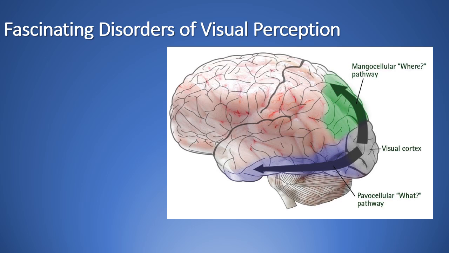There are some fascinating disorders of visual perception. Visual agnosia. This is where you can see the objects, but you really just cannot tell what they are. And visual agnosia is specific to the visual system, so you can tell what the object is in other systems. So if you hold up a set of keys to someone who has visual agnosia and you say, "What are those?" they could describe them.